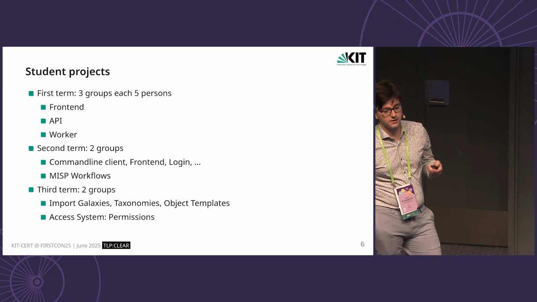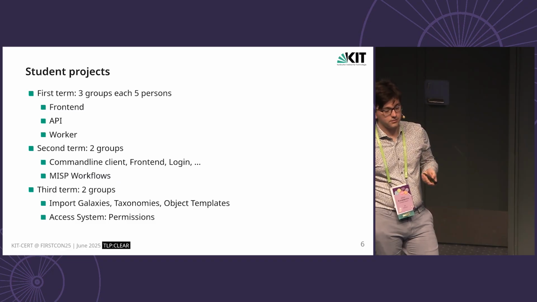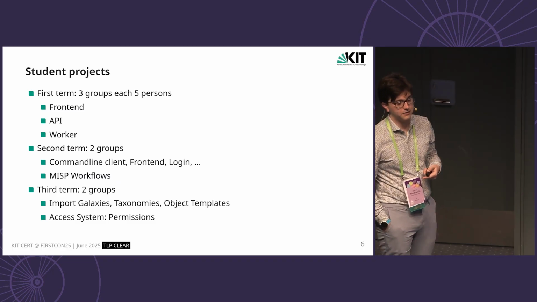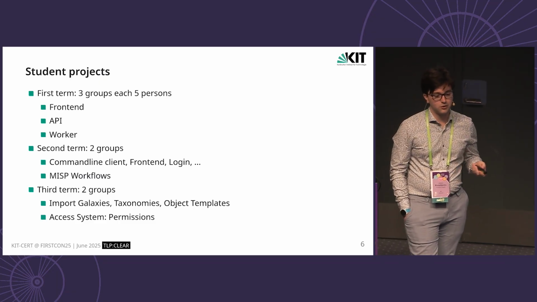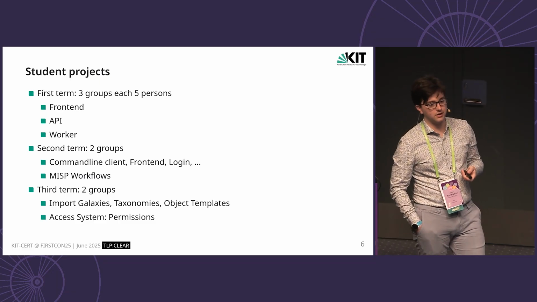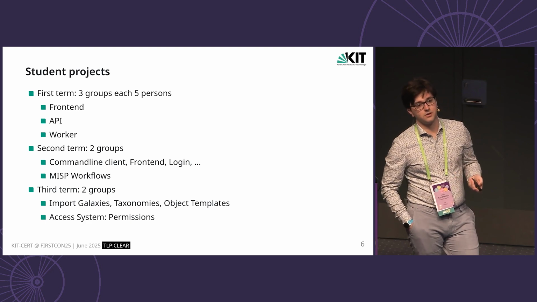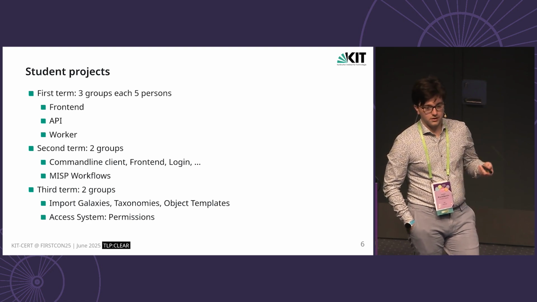So we wanted that system too. So we let students implement them in the workers. And the other huge topic was an appropriate access system: which user of Modern MISP is allowed to access which event.